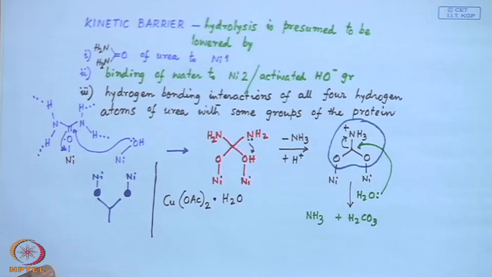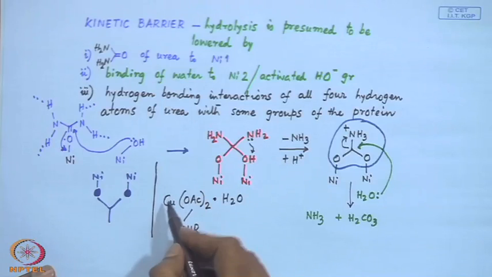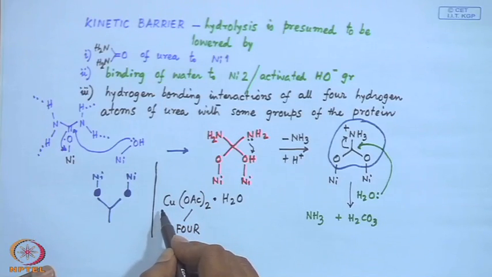This copper acetate monohydrate is basically a dimer, and when you have two copper centers like these two nickel, what you get is 4 bridging acetate groups. These 4 bridging acetate groups are responsible for the stabilization of a binuclear entity.